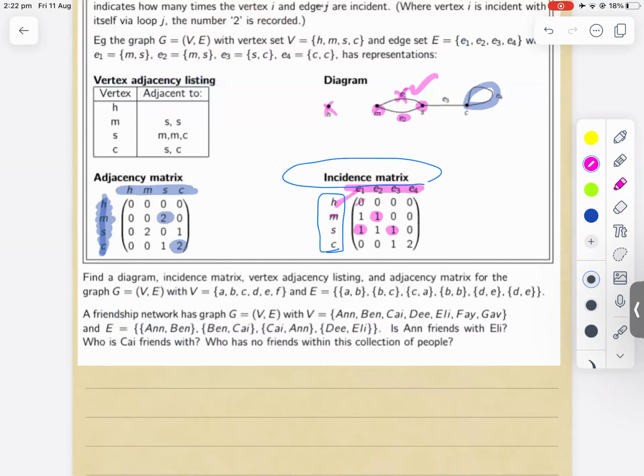Now, the question. Find for this diagram the incidence matrix and the vertex adjacency list. Okay, so can we do this?